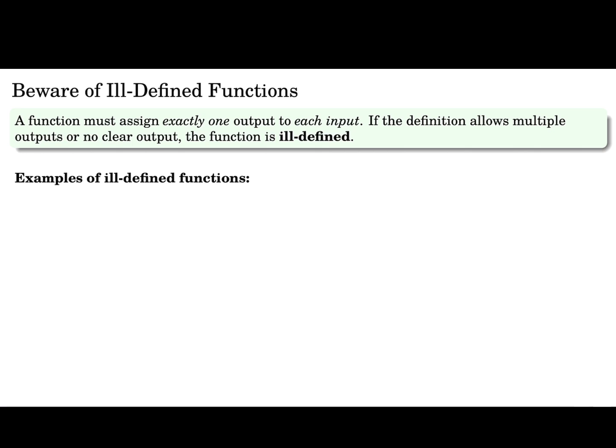So let's say we have f from the rational numbers to the integers defined by f of a over b is equal to a.